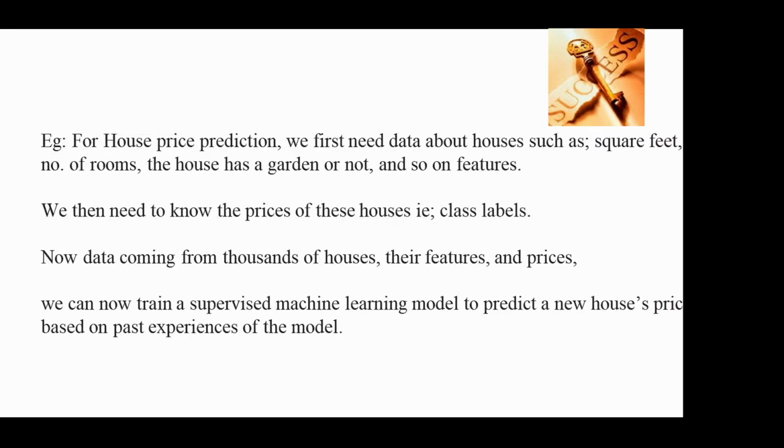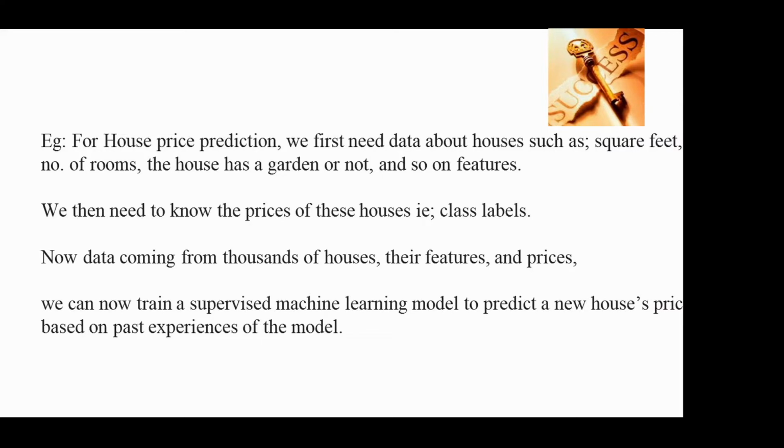After that you have to put labels. And what will be the label? The price. What is the price of the house? If the house has all these features, square feet is 1000 square feet, the number of rooms is 3, and the house has a garden or not, then we have to set the prices.